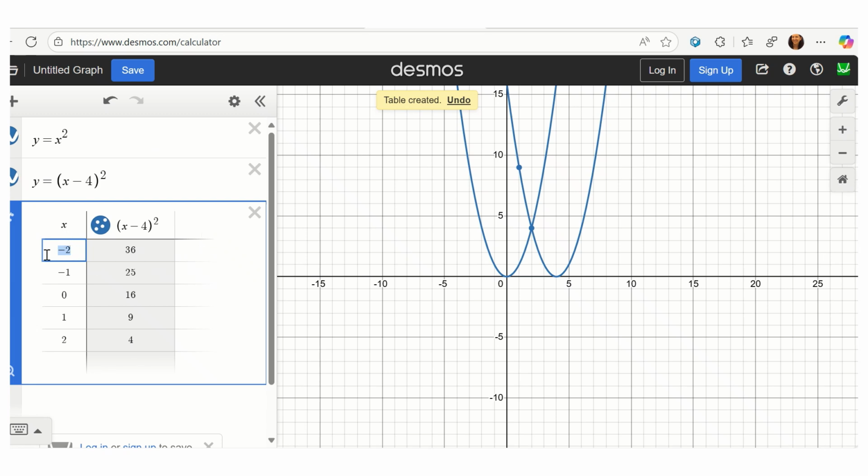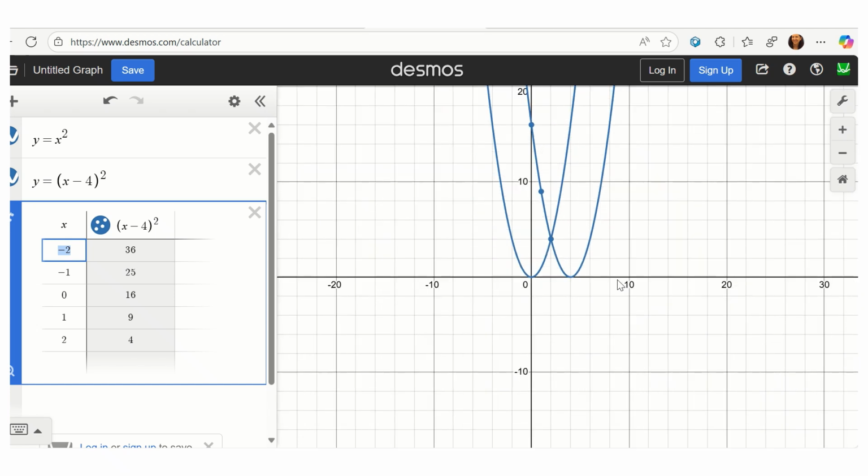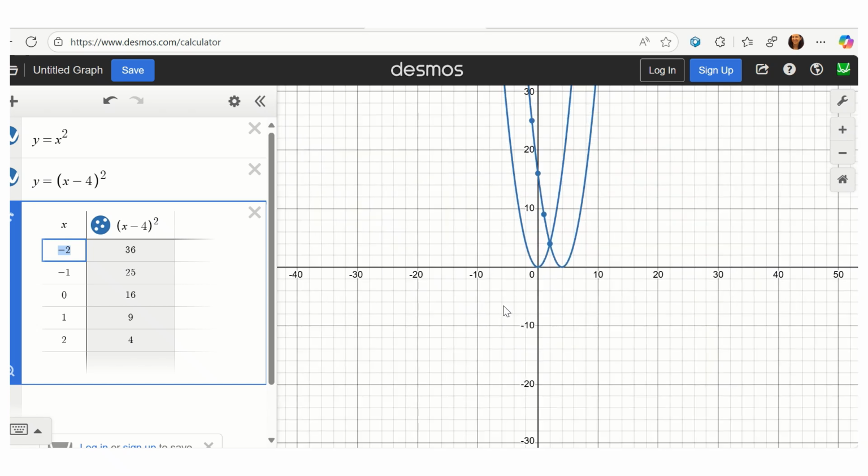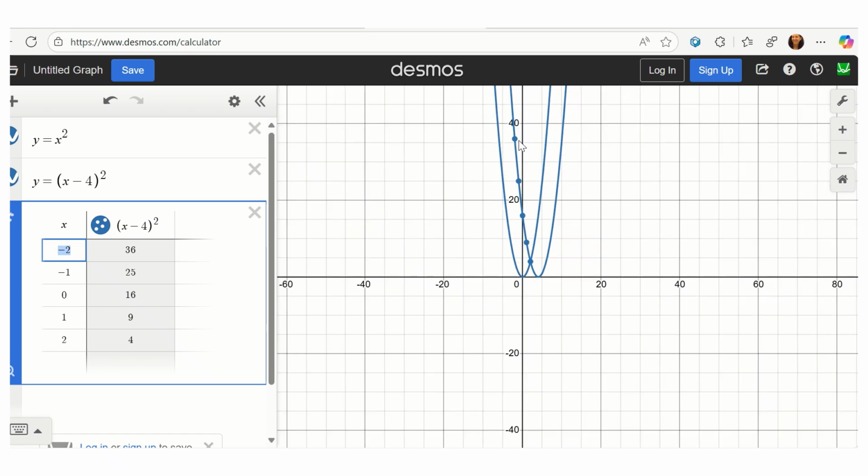And what you can see there is, if you take a -2 and plug it in, -2 minus 4 is -6, and -6 times -6 is +36, and it will literally put that point on the parabola somewhere. There we go, the point -2, 36. If you plug in a -1, -1 minus 4 is -5, and -5 squared is +25. There it is. And we could go through that for all of them.